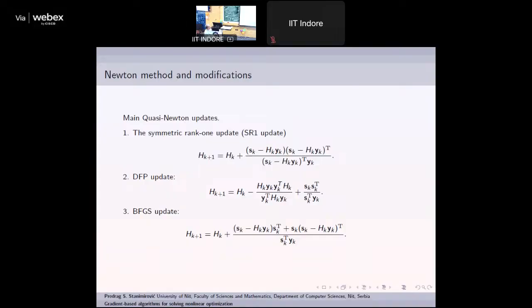Here is one popular symmetric rank 1 update, the SR1 update, defined in this way.